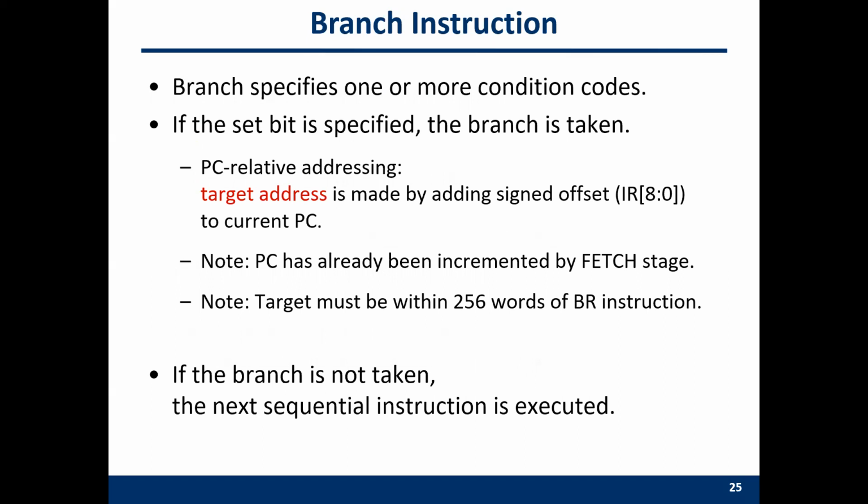And then we will talk about the branch instruction. The branch specifies 1 or more condition codes. So if the specified condition bit is set, the branch will be taken. And we will use the PC relative address. The target address is made by adding some signed offset to the current PC.